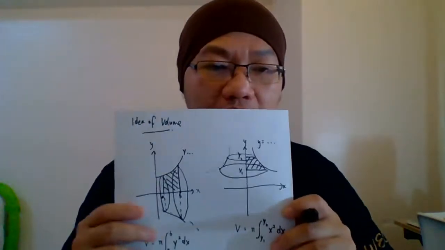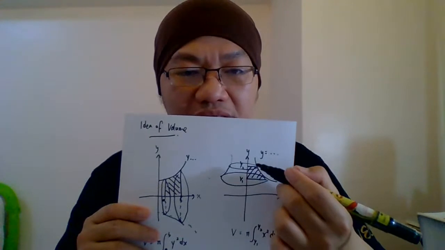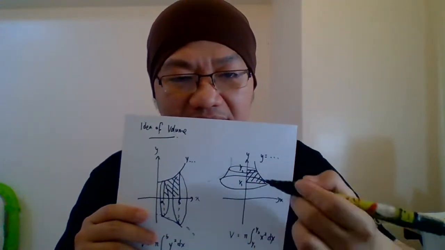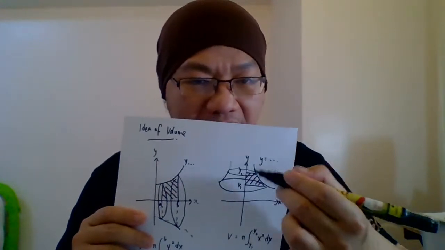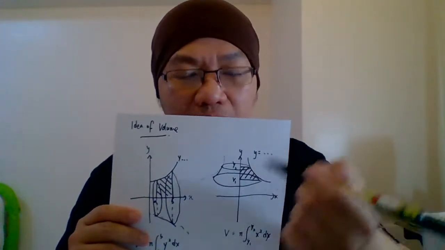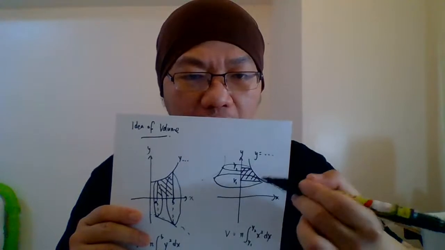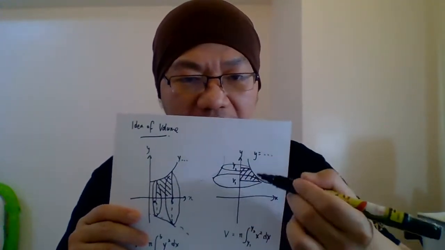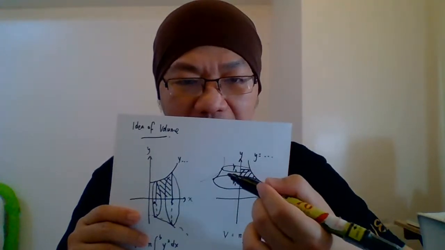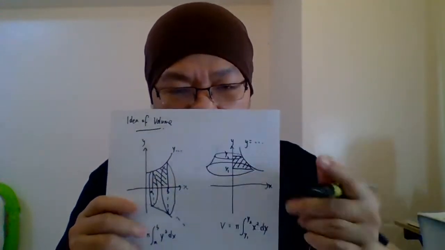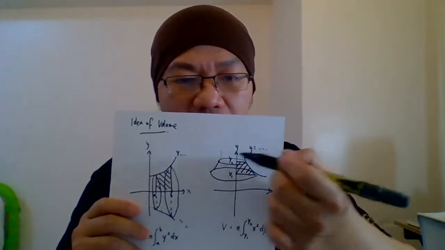When you rotate the shaded region here, it will become a circle, and this is the kind of shape that will be produced when we find the volume. So when we talk about volume, that means we want to find the volume of the whole thing here. The shaded region actually includes this quadrant, because they are rotating. So how do we find the volume of the whole thing here?